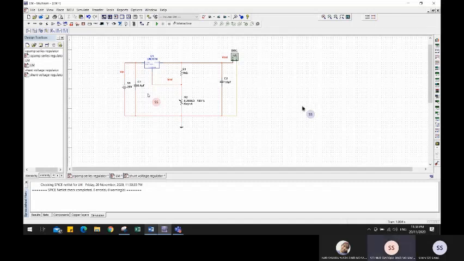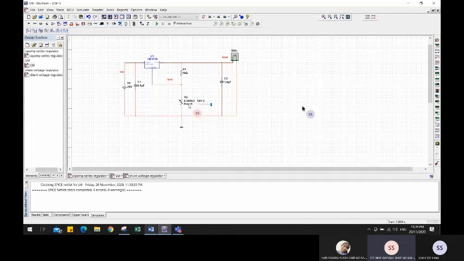We use a capacitor at the V in and V out for stabilization of our V out, and we use two resistors: a constant resistor and an adjustable resistor.